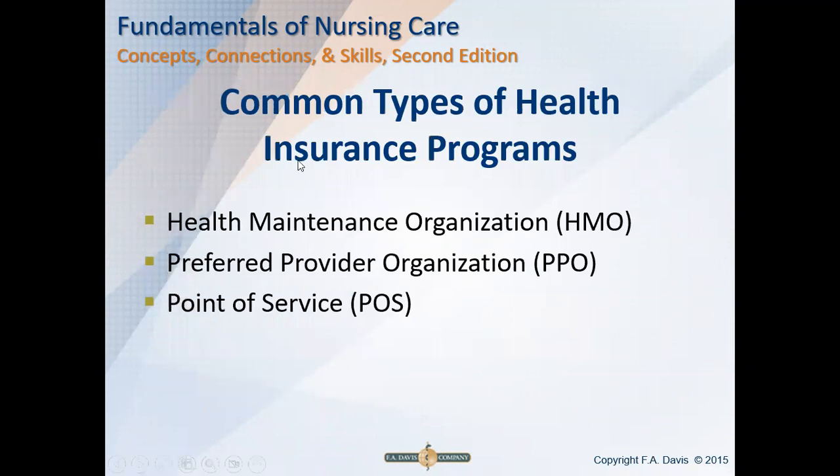Common types of health insurance programs: health maintenance organizations, preferred provider organizations, and point of service plans. Here we only talk about a few insurance programs, but there are more, like preferred provider organizations, health maintenance organizations, high deductible health plans, point of service plans, and exclusive provider organization plans. There are some more, but we just put some of them here.